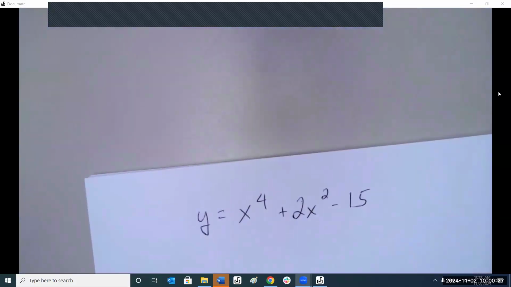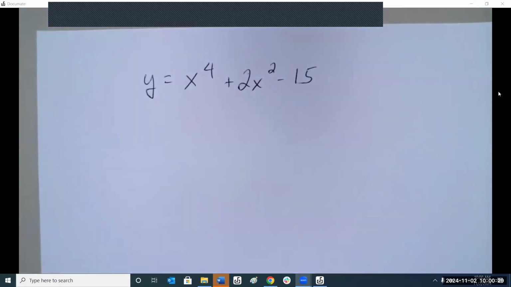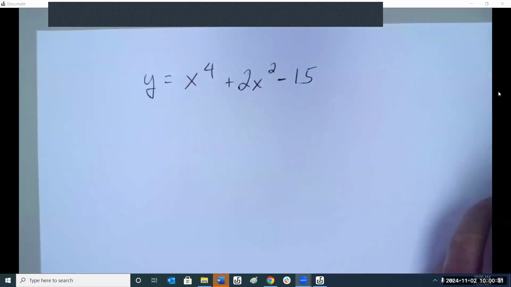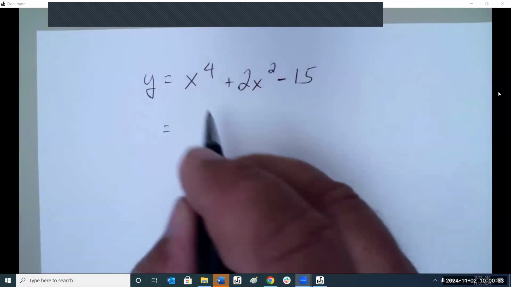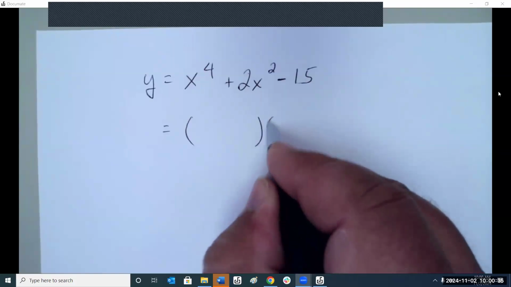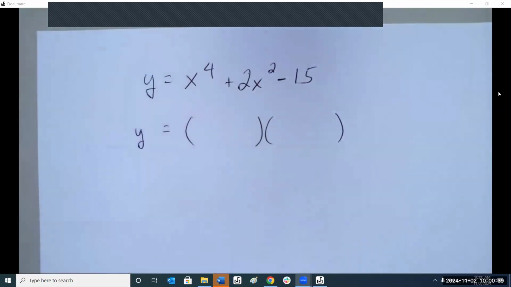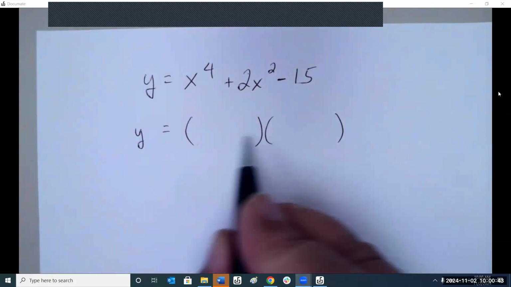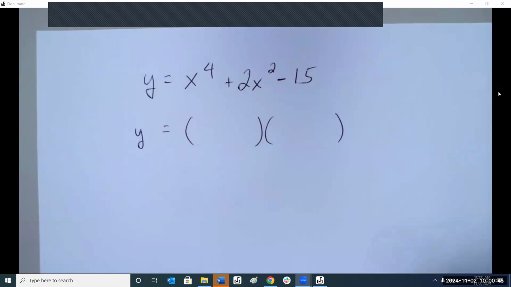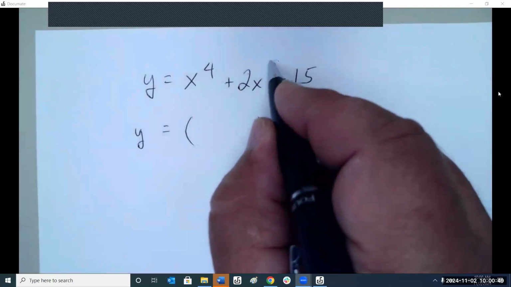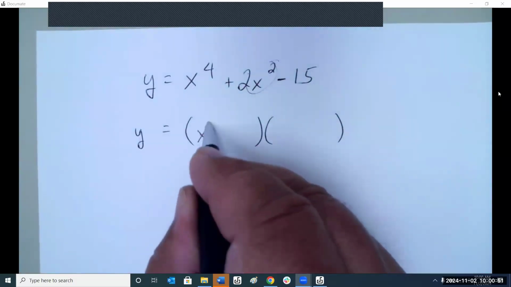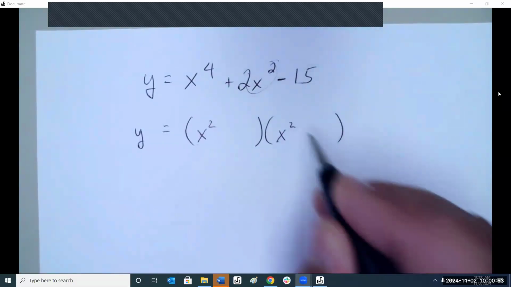This time, let's try factoring. So what goes in first? What are we solving for? Remember, always look at the middle term. x squared, x squared.